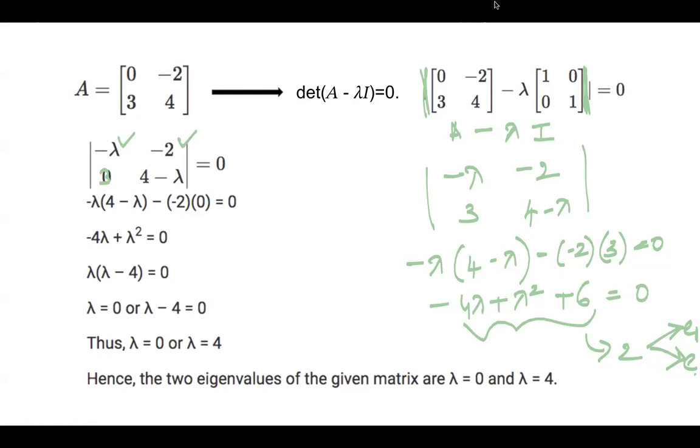If you need to find this using Matlab, what do you do? Just a second. Let me just clear all this. So the matrix is 0, -2, 3, 4.